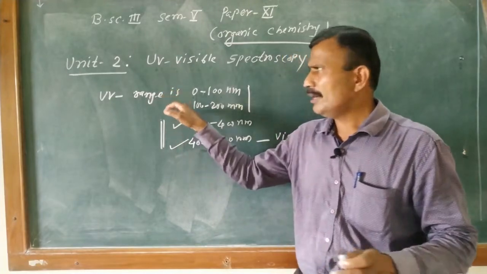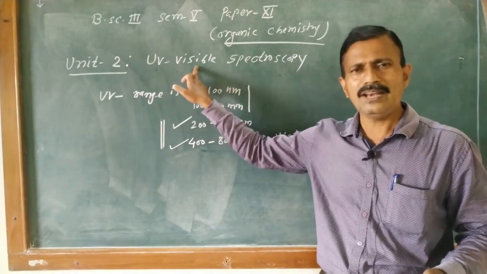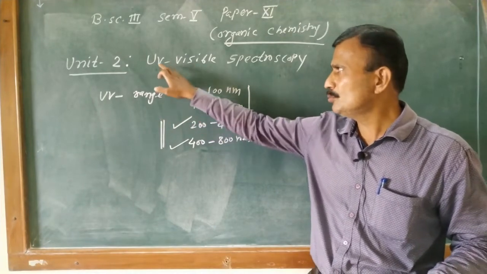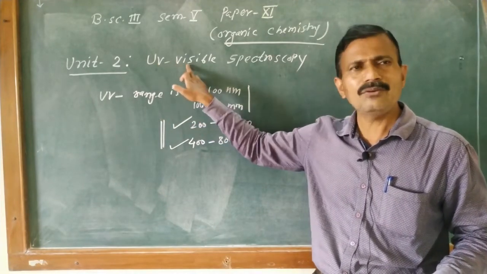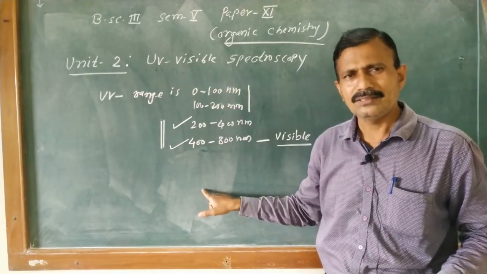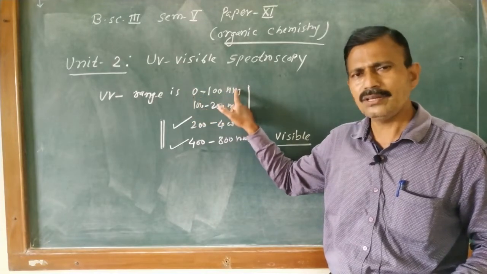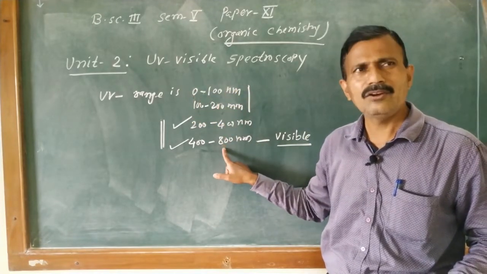This particular spectroscopic technique begins with UV visible light. These two components of electromagnetic radiation have characteristic wavelengths ranging from 100 nanometer up to 800 nanometer.